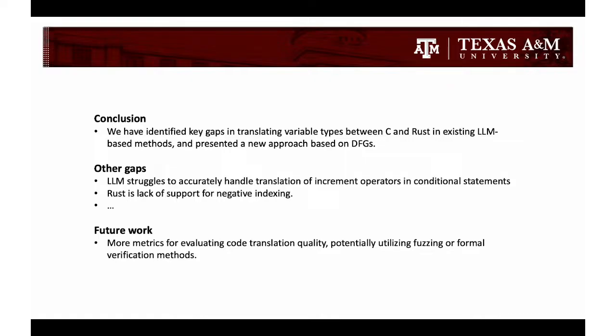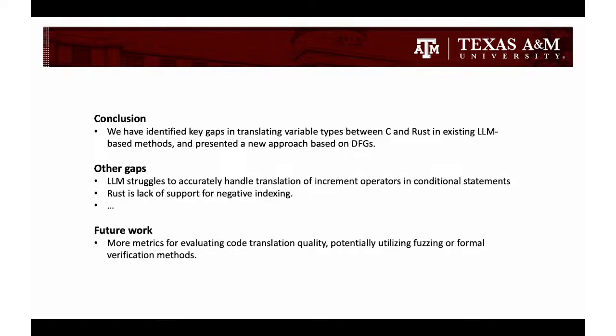To conclude, our work identified key gaps in C to Rust type migration. We propose a data flow approach using enums to eliminate multiple mutable borrowing errors and to select appropriate Rust types for C pointers. One fundamental issue here is that many concepts in C and Rust do not have direct one-to-one mapping.